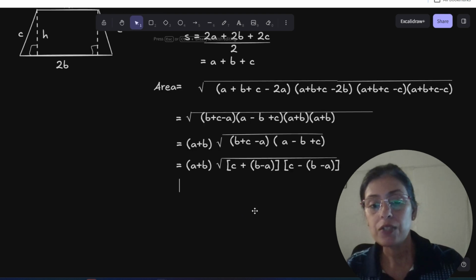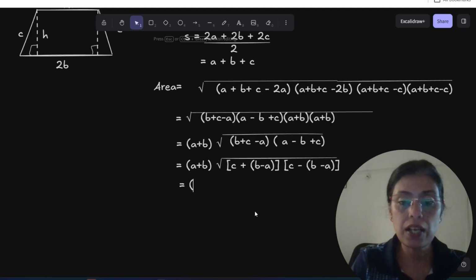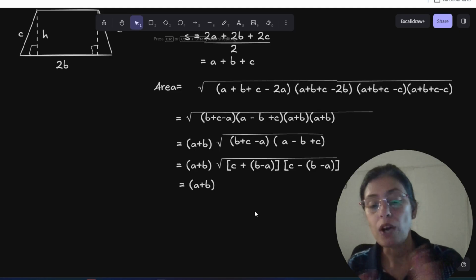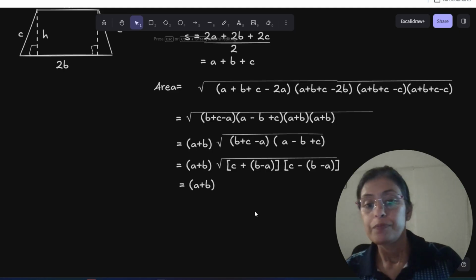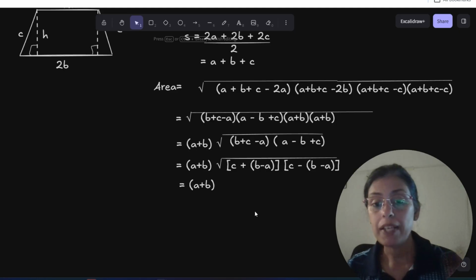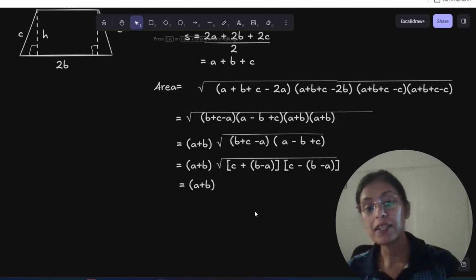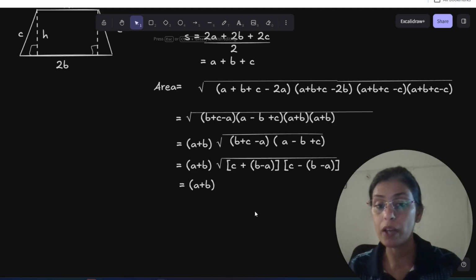Why have we written it in this form? Because we can use the algebraic identity to simplify it further. Which algebraic identity does it remind you of? Can you think? It's A plus B into A minus B. A plus B into A minus B is A square minus B square, right?